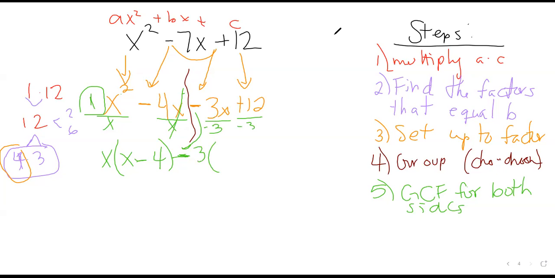Okay, we have to remember that negative 3, because if I don't, my x minus 4 is not going to match anything. So negative 3x divided by negative 3 is gone, leaving just an x. And now 12 divided by a negative 3 is going to give me what? A negative 4.